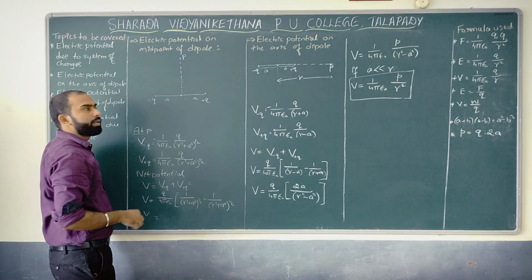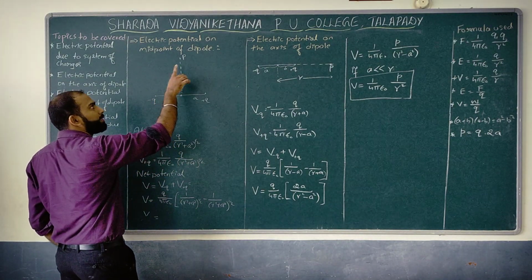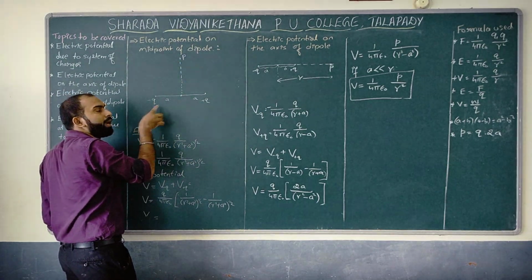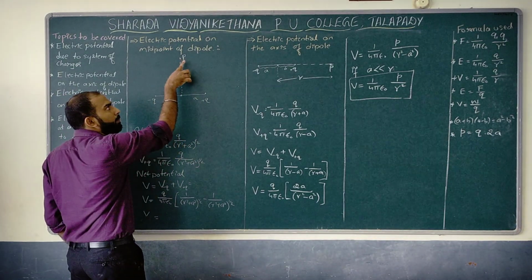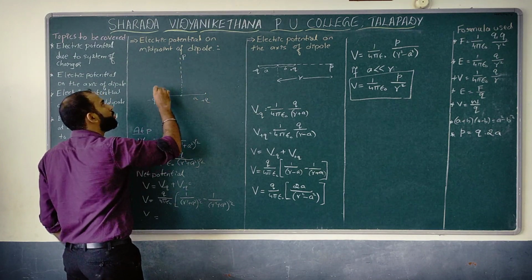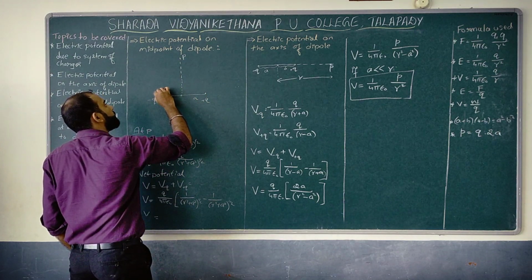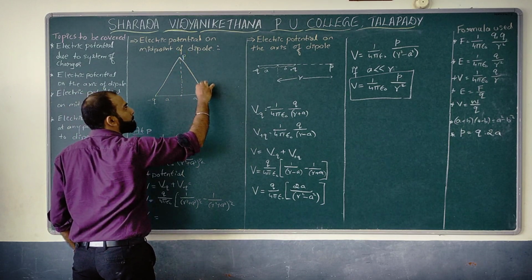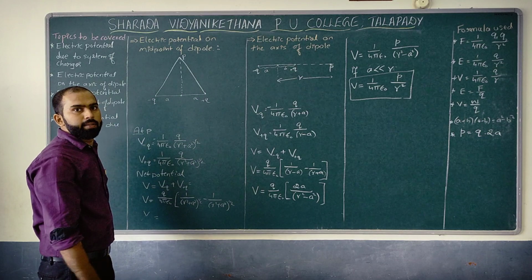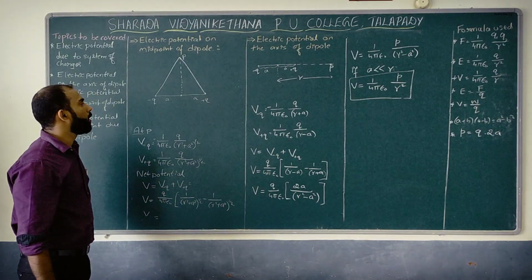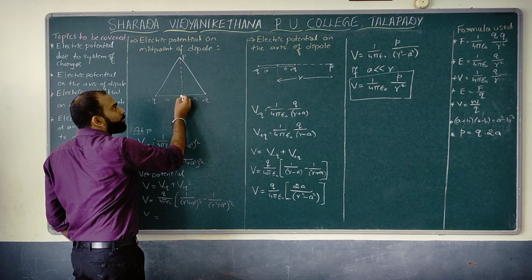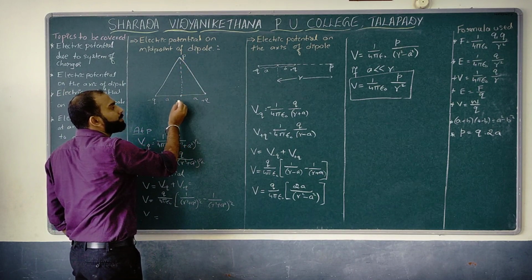Now, how do we find the electric potential at a point P due to minus Q, and the electric potential at P due to plus Q? So you join this point somewhat like this. Are you getting it? You have kept a point P at a distance r from the middle of the electric dipole.